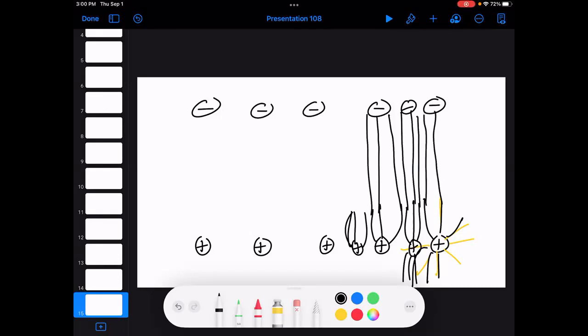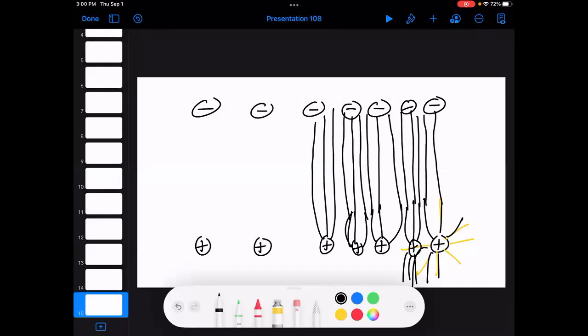And since they can't go sideways, would you consider these lines to be parallel or not parallel? Pretty parallel, right? Because they can't go side to side.